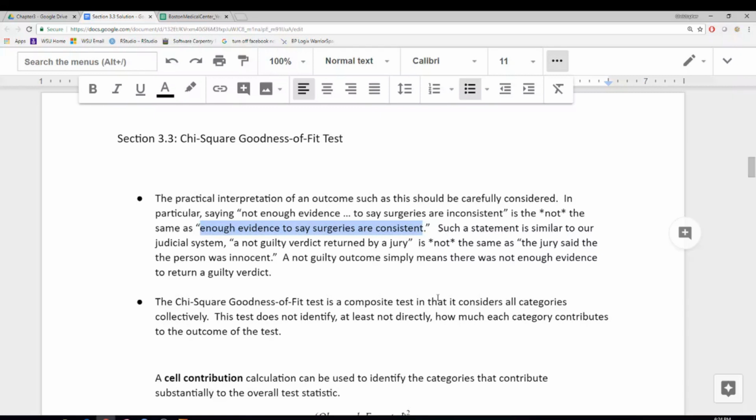Now, such a statement is similar to our judicial system. Consider the fact that a not guilty verdict is returned by a jury. This is not the same thing as the jury saying that the person was innocent. A not guilty outcome simply means that there was not enough evidence to return a guilty verdict.